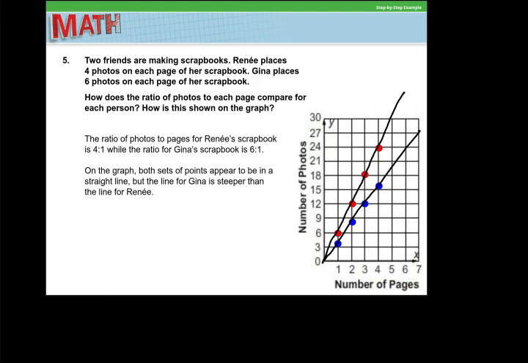If you have a bigger number, it's going to be a lot steeper in your graph. And our ratio for Renee's is 4 to 1, because for every 4 photos she has 1 page, and Gina's scrapbook is 6 to 1, because for every 6 photos she has 1 page.